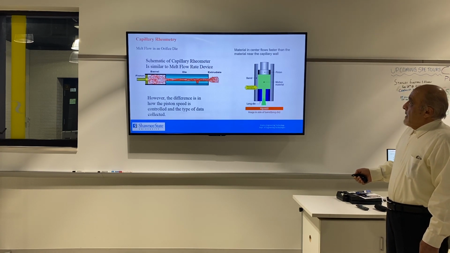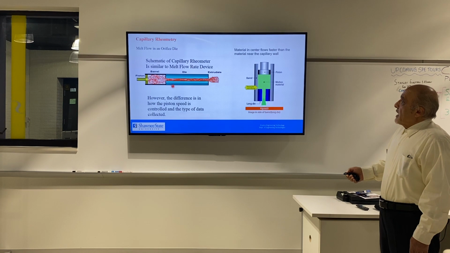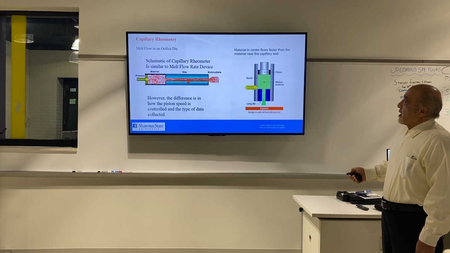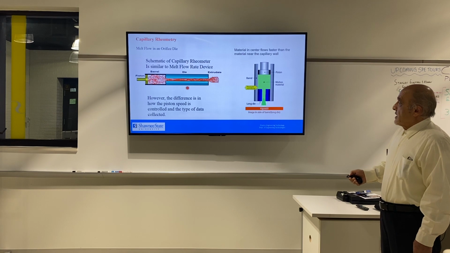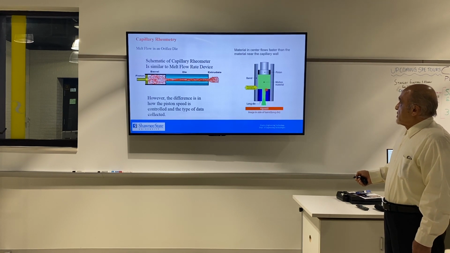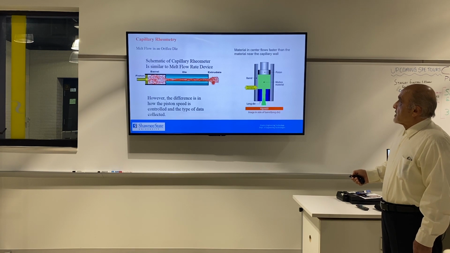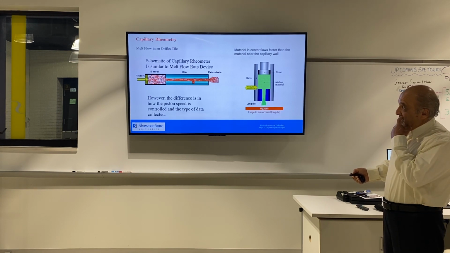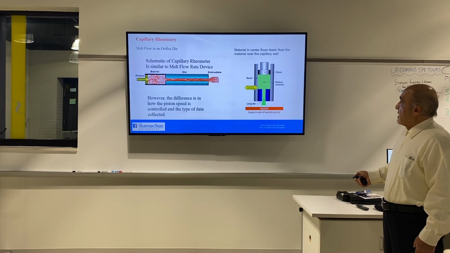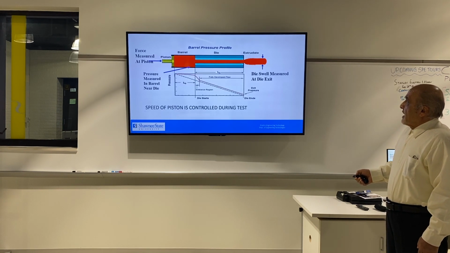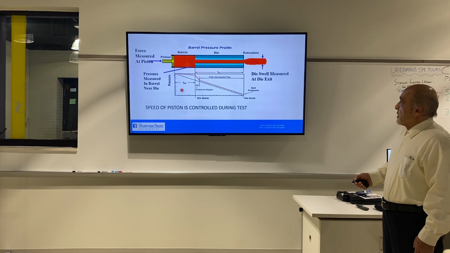And if you want to understand how the barrel and die work, there are different dies for the capillary rheometry with different diameters and different die lengths. So this is the general concept of capillary rheometry. This is the die length, and this is the die diameter, and this is very similar to the extrusion and the extruder that you are doing in the polymer processing. So what we are getting is the pressure.